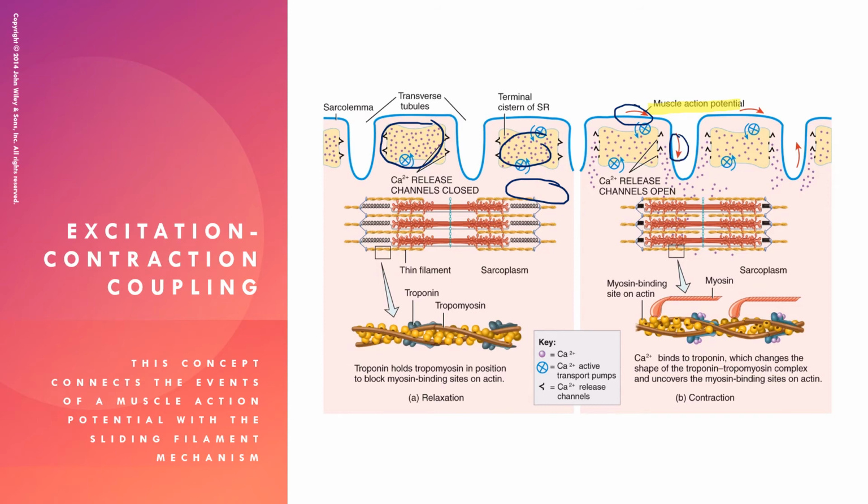It causes the calcium release channels, these little black arrow things, to open and allows the calcium within that sarcoplasmic reticulum to be released. The calcium will then flow out of the SR into the sarcoplasm around the thick and thin filaments. You see the calcium will kind of surround everything there.